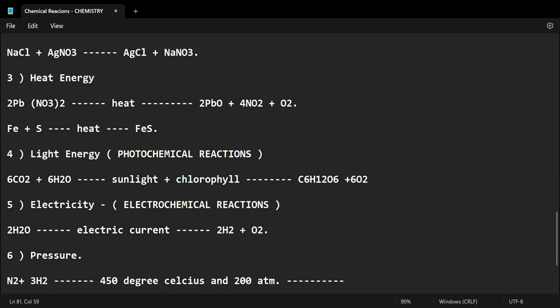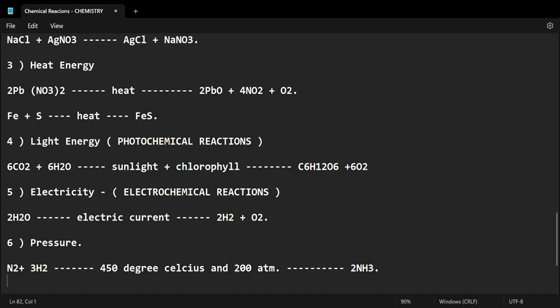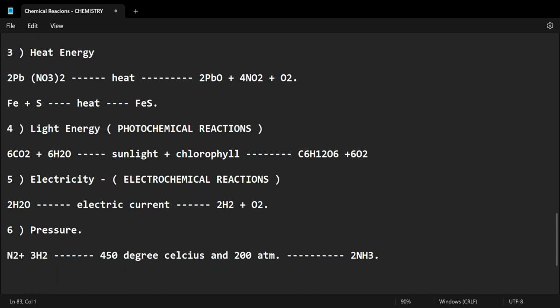Okay, pressure becomes 2NH3. So 2NH3, this is how it becomes. N2 plus 3H2 becomes 2NH3 on 450 degrees Celsius and 200 ATM.